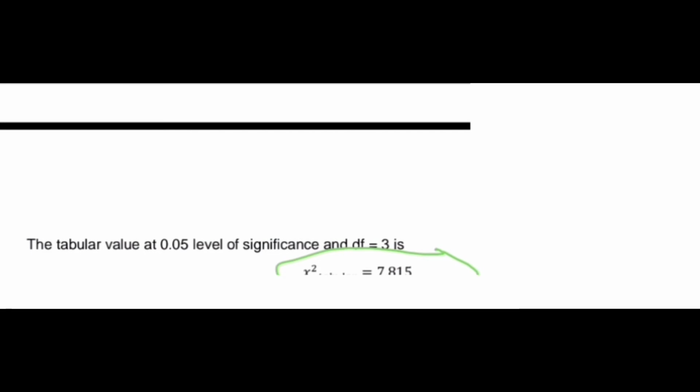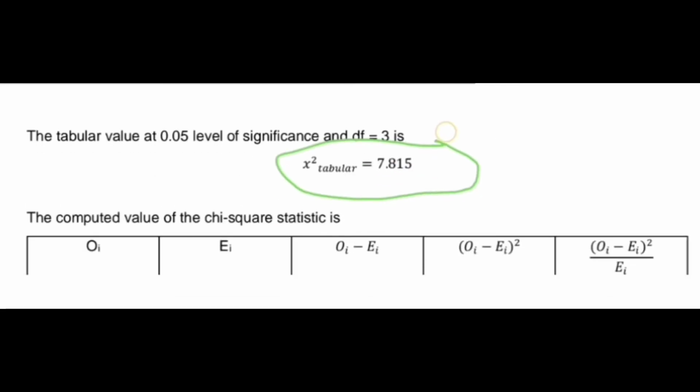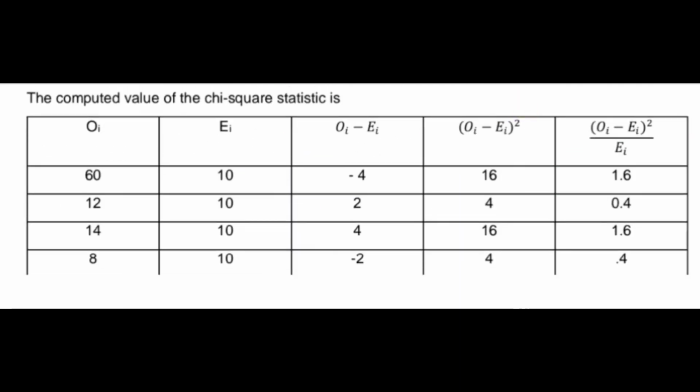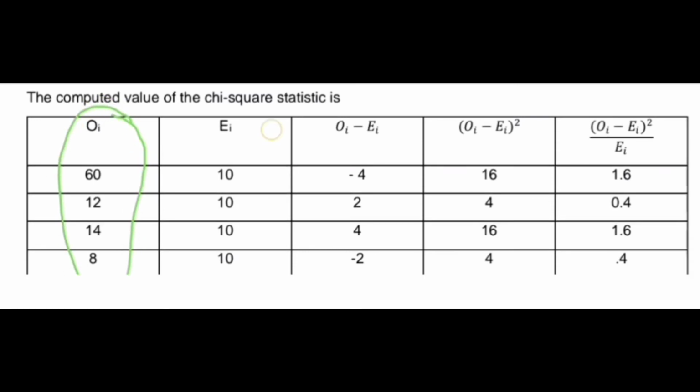The next thing to do is to compute the value of chi-square statistics. In this table, first put our observed frequency and our expected frequency.